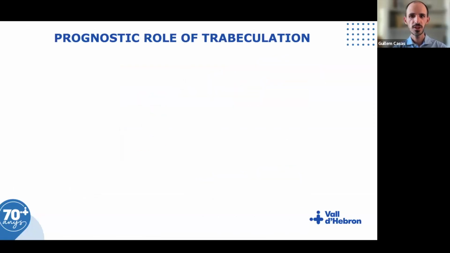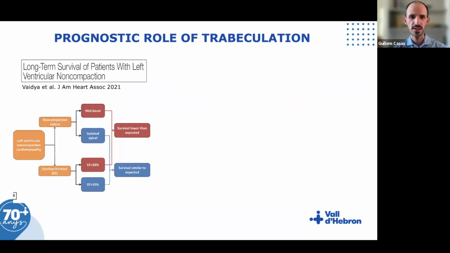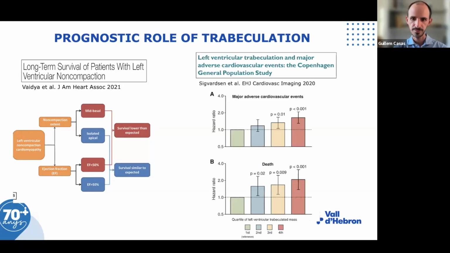What about the prognostic role of trabeculation per se? Like I mentioned, most of the scientific community now believes that it doesn't have a prognostic role on its own beyond the functional underlying phenotype. However, we have some series that say the contrary, such as this nice article showing that patients with excessive trabeculation starting already from mid or basal segments have a worse prognosis than those with only isolated apical hypertrabeculation, which seems to be a benign finding.